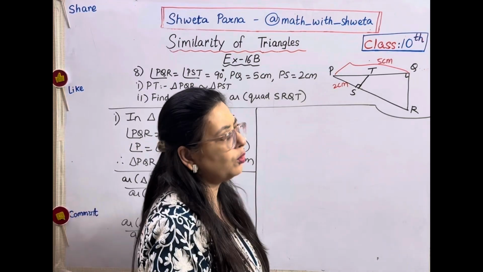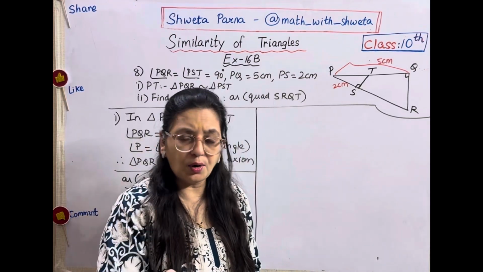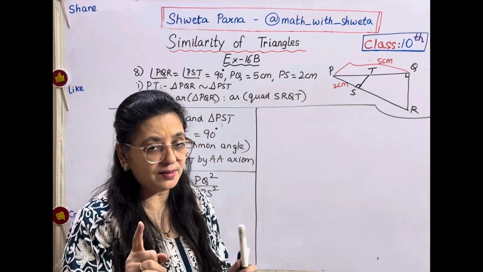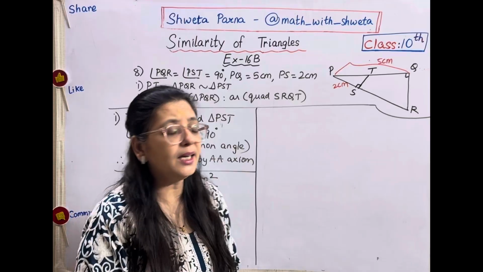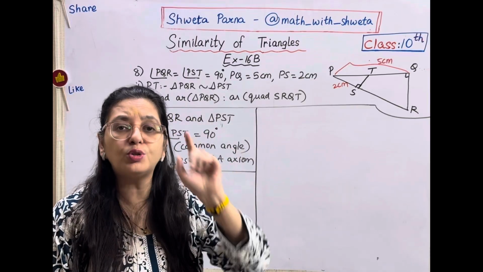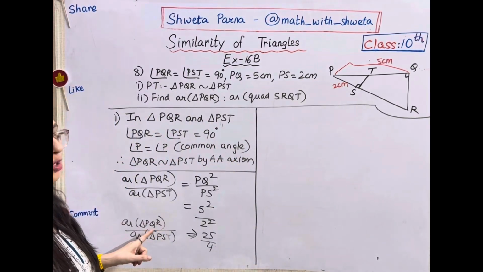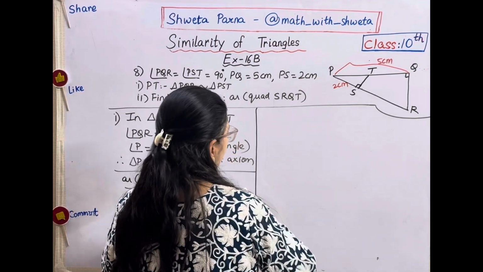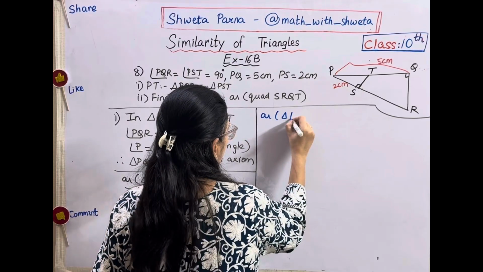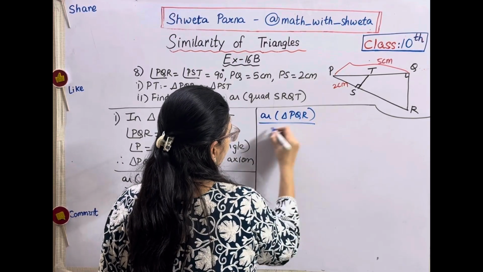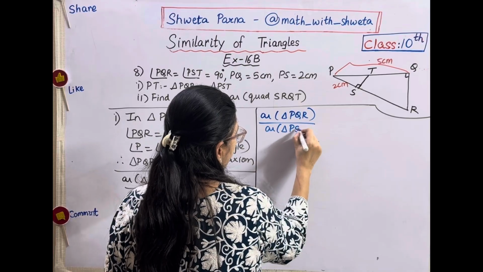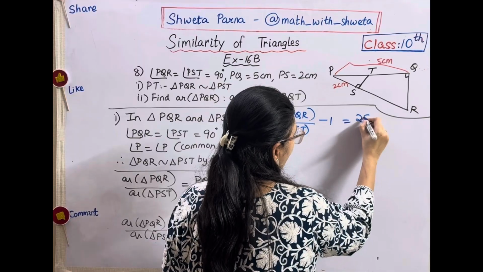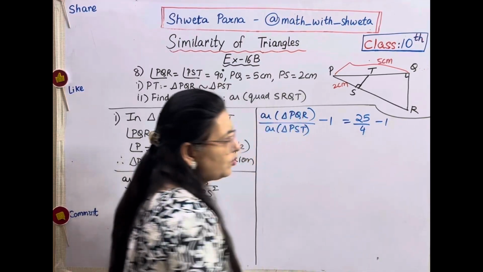Remember earlier I told you, whenever you want to find the area of the quadrilateral or trapezium, what is the trick? You will subtract 1 from both the sides. Secondly, the area of the bigger triangle should be in your numerator. Here PQR is a bigger triangle, it's already in the numerator. So area of triangle PQR upon area of triangle PST, subtracting 1 from both the sides, is equal to 25 upon 4 minus 1.